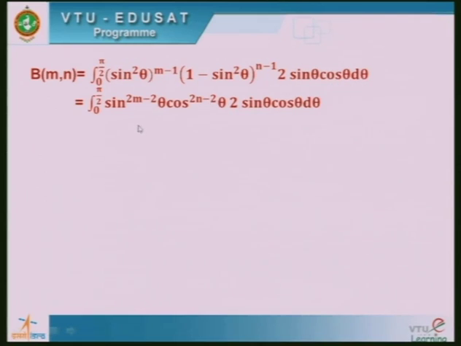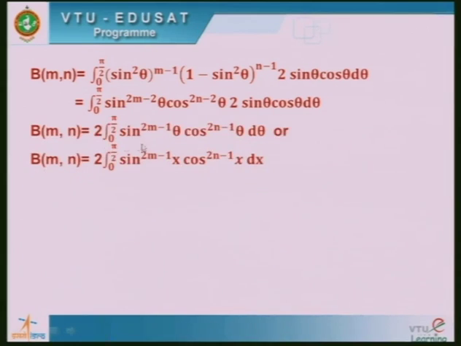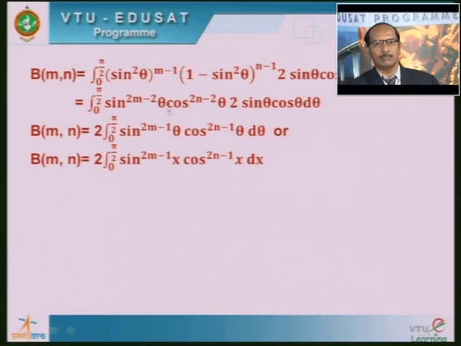So, collecting the powers of sin and cosine, sin power is 1, cos power is 1, collecting with these we get beta mn is equal to 2, a constant taken outside, sin to the power 2m minus 2 plus 1, that is 2m minus 1 theta, similarly cos raised to 2n minus 2 plus 1, that is cos raised to 2n minus 1 theta d theta.